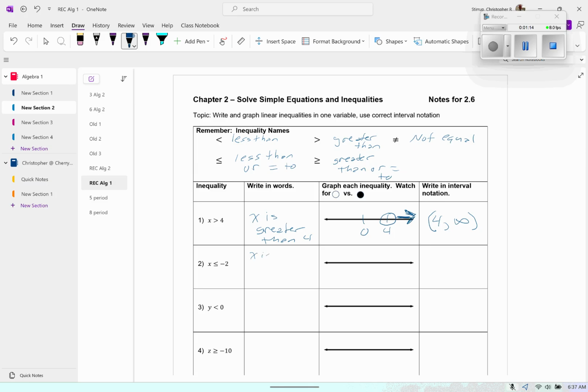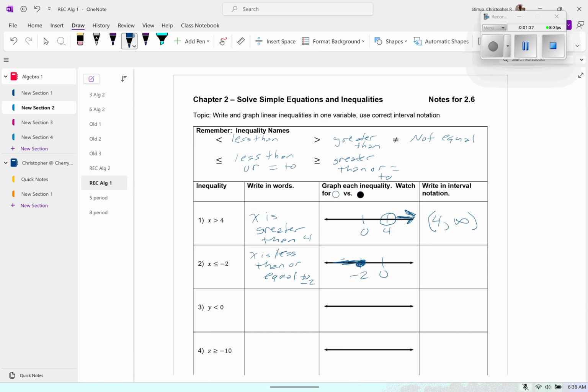This is x is less than or equal to -2. So again, create yourself a number line. -2 is to the left of 0. This is going to have a solid dot at the -2 because you have the equal sign.